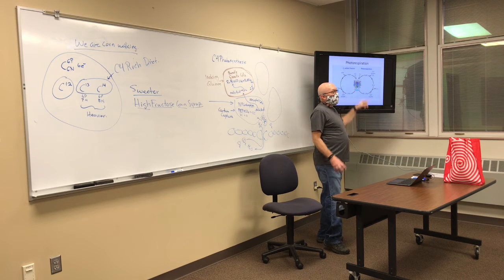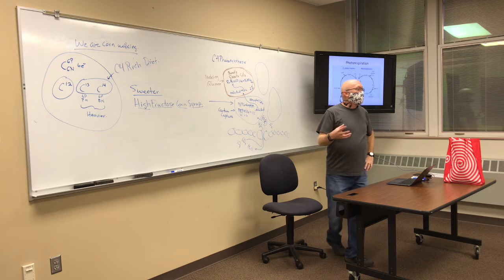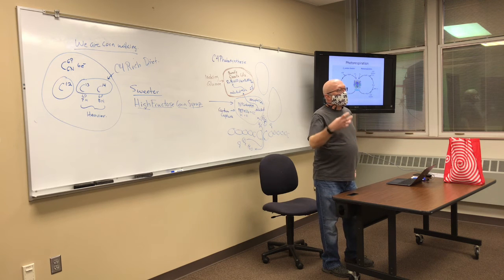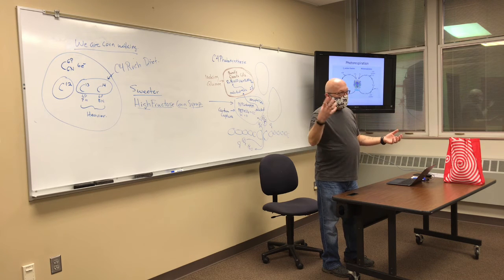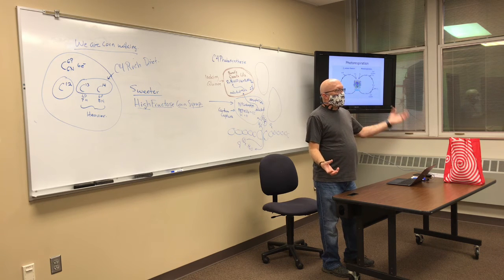C4 plants avoid photorespiration by separating the making of glucose from the capturing of carbon. Making of glucose happens in a low oxygen environment. Capturing of carbon happens in a high oxygen environment, but with an enzyme that doesn't interact with oxygen.